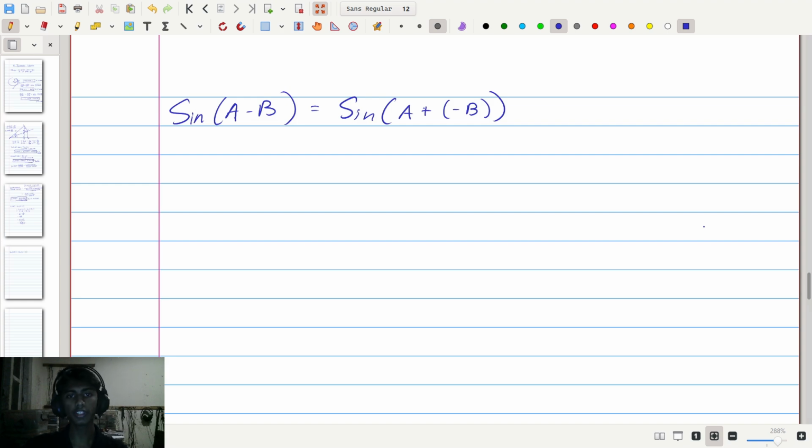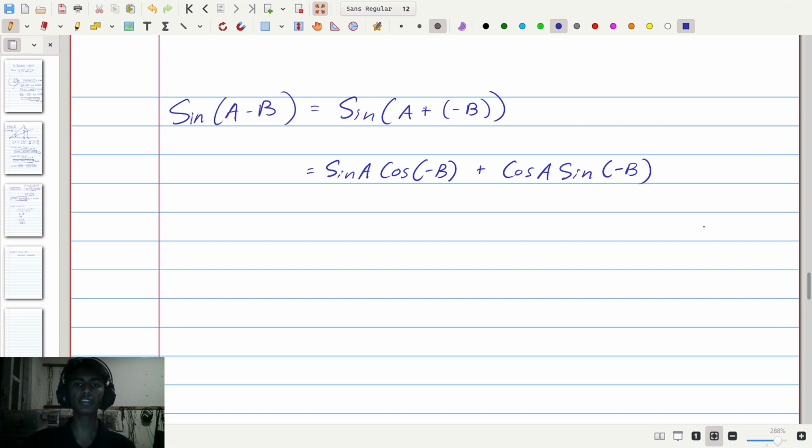So, using this method, I can write sine of A plus B is sine of A cos of B plus cos of A sine of B. So, sine of A plus negative B would be sine of A cosine of negative B plus cosine of A sine of negative B. Now here, to solve from here to the next line, we are going to apply the two identities which we have discussed in lesson number 5, circular functions.